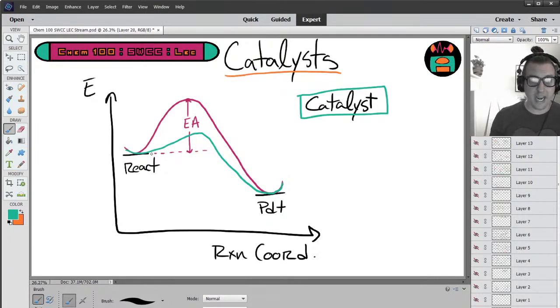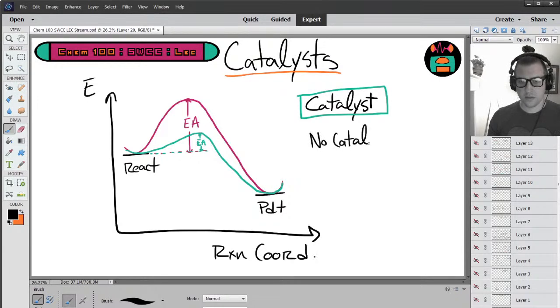And if you compare the energy of activation for the catalyzed reaction versus the uncatalyzed, so let me just label my legend here.